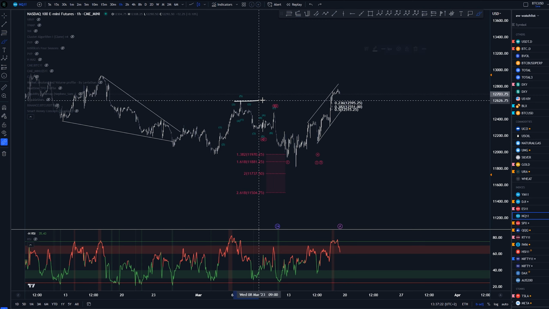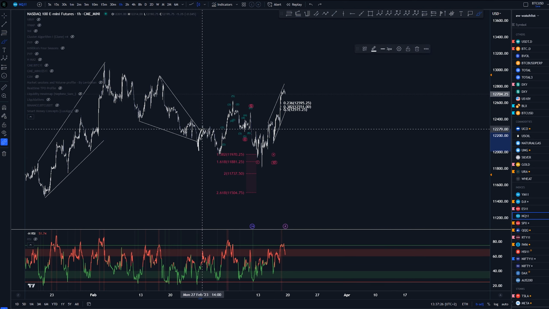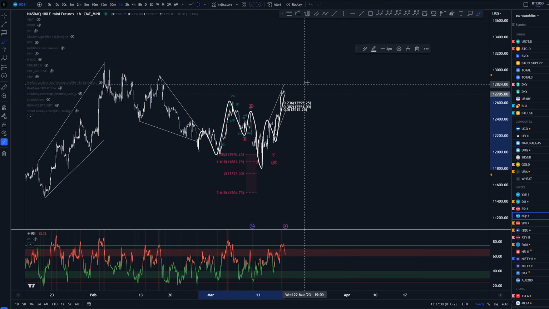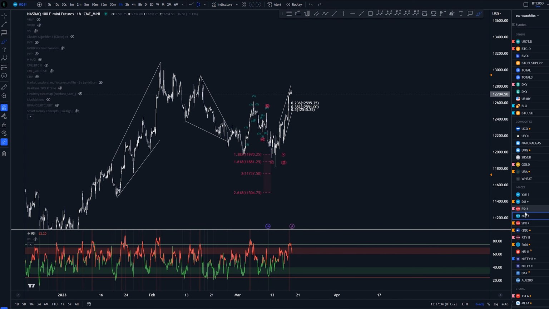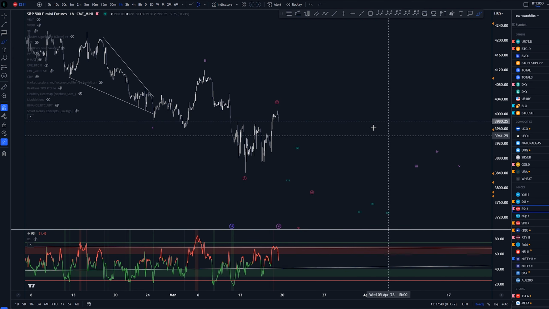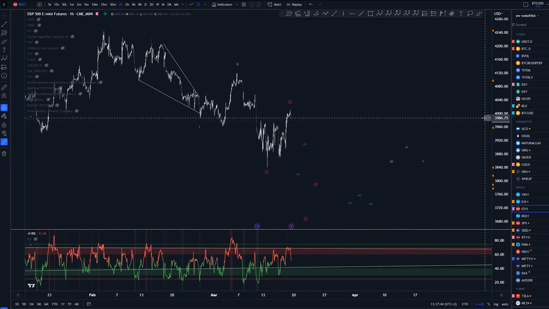So we can't have a 1-2-1-2 here overall. Sure, we can have some kind of 3 here, and then another 3 here. Not my favorite, but Nasdaq is a bit different right now than S&P 500, which is why I wanted to mention that. But S&P 500 still has the possibility of having this as a 1-2-1-2.